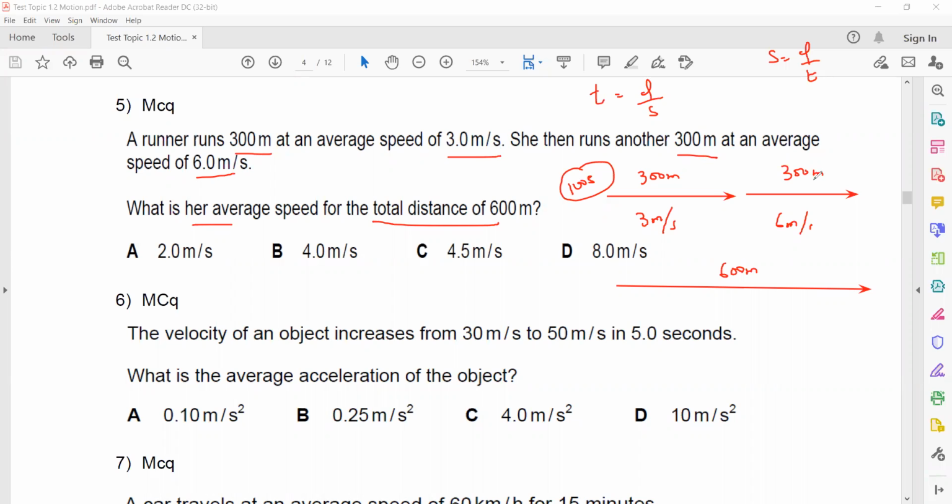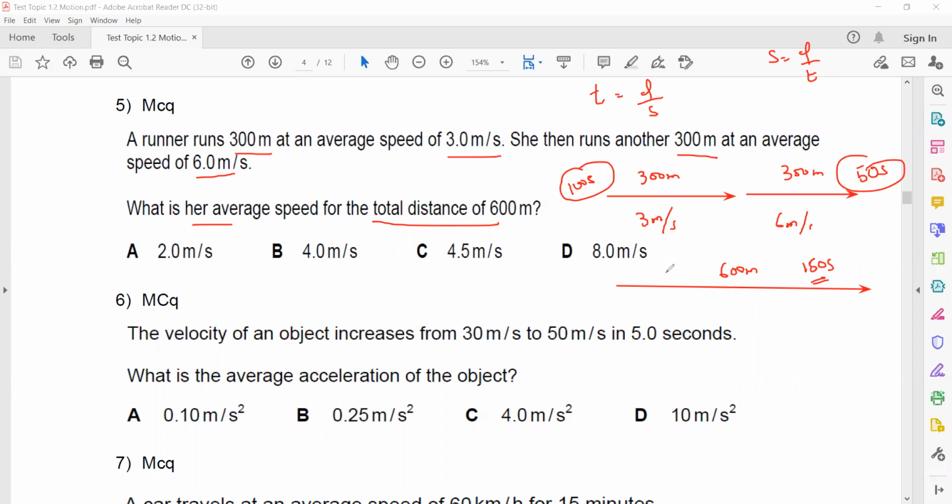Then when we calculate the time to run the remaining 300 meters, 300 divided by 6 equals 50 seconds. So it is taking 100 seconds to run the first 300 and the remaining 50 seconds to run another 300. So the total time it will take is 150 seconds.